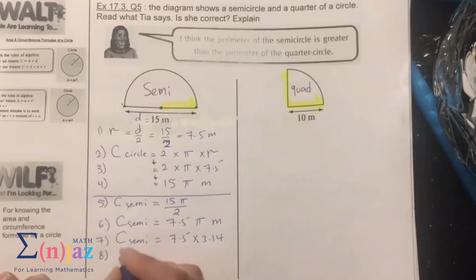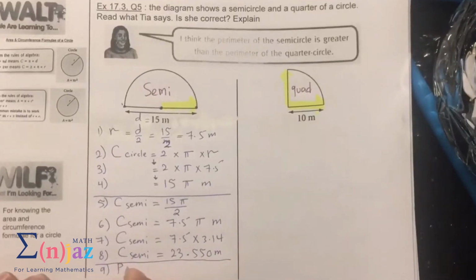There is not enough space, so I'm just going to write the answer of the multiplication, which is 23.550 meters.